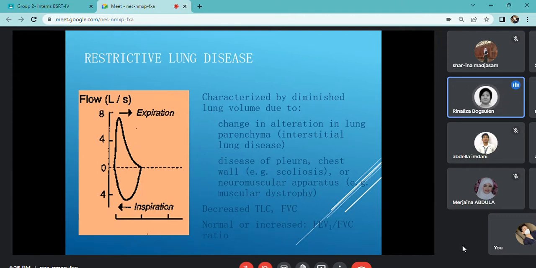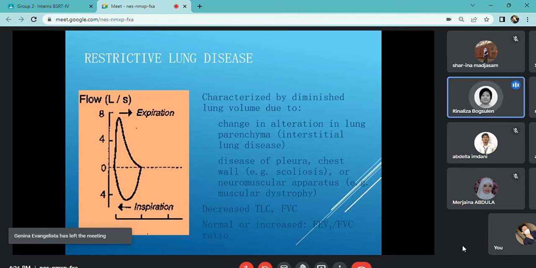Kaya nga sabi ko, pag FEV1 over FVC ang nag-decrease, automatic obstruction yan. Pag FVC ang nag-decrease, automatic restriction yan. Kasi sabi ko, in the examinations, usually, they can only give you 3 parameters: FVC, FEV1, FEV1 over FVC ratio. How about your FEV1?